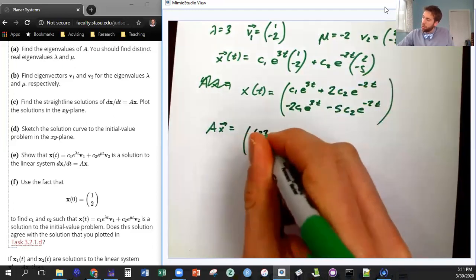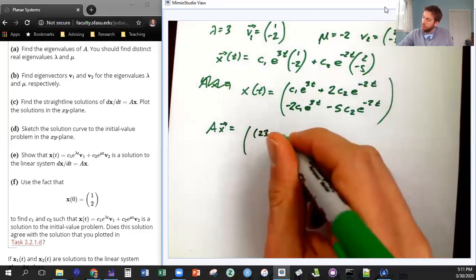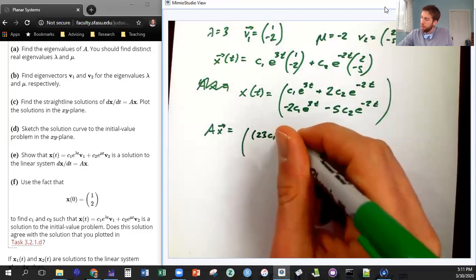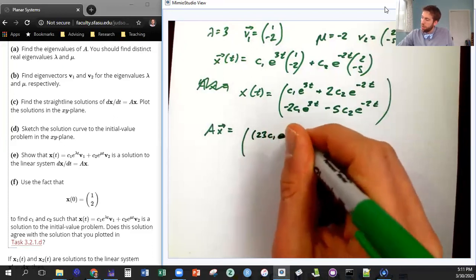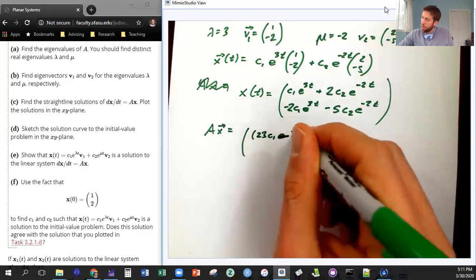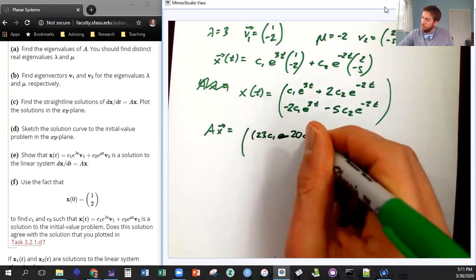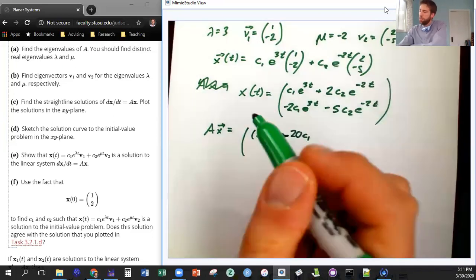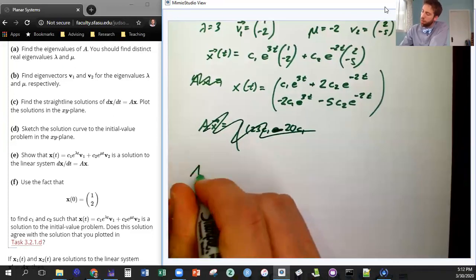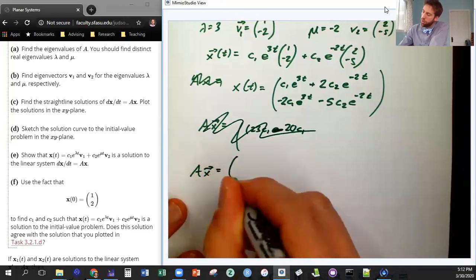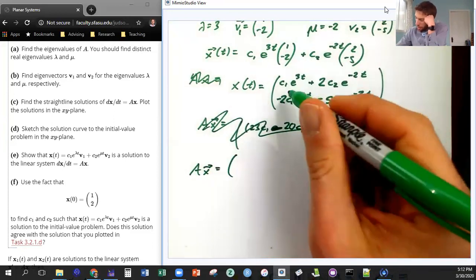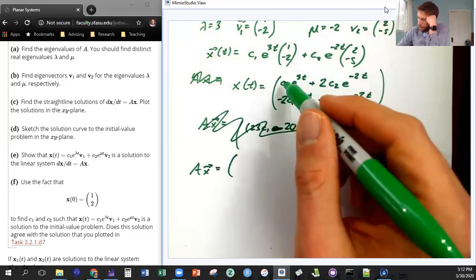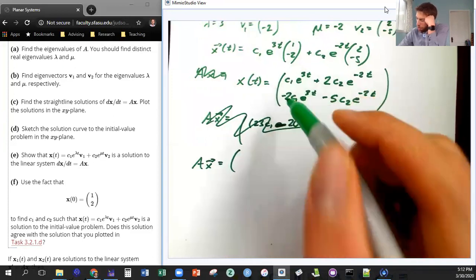So 23 C1 minus 10 times the other one, 20 C1. Arithmetic. So then Ax equals, well, they both got C1 there. And so 23 times that minus 10 times that will be 23 minus 20.